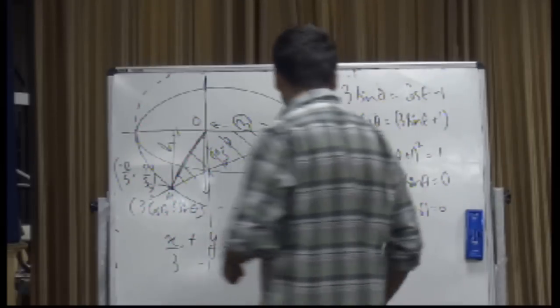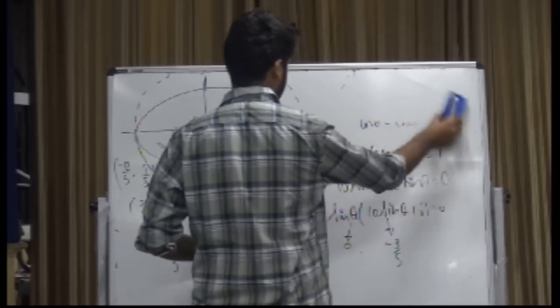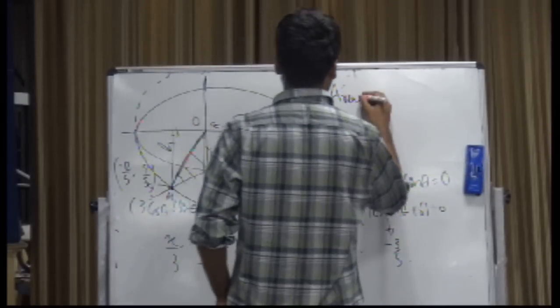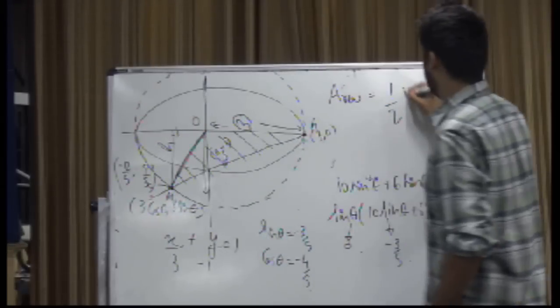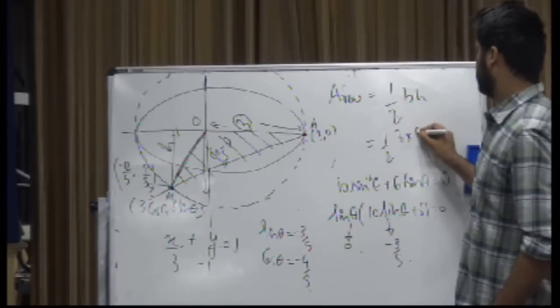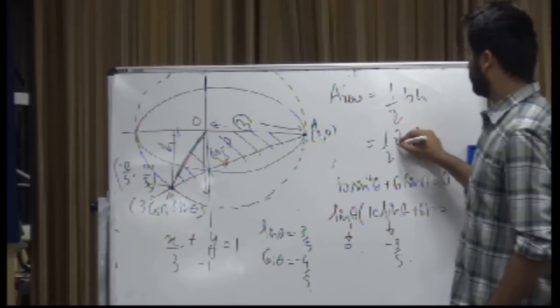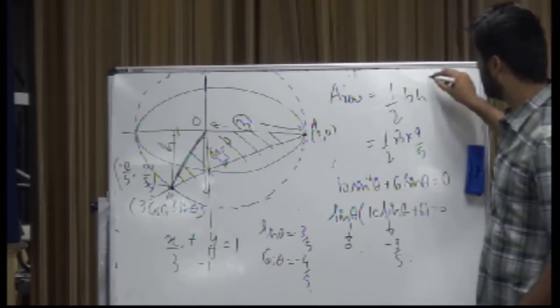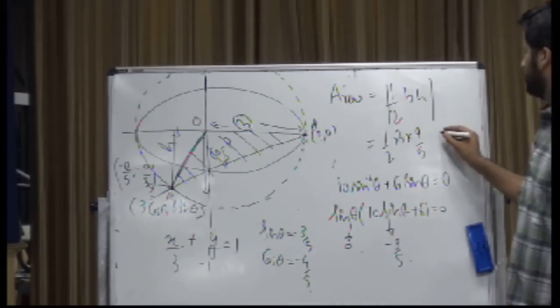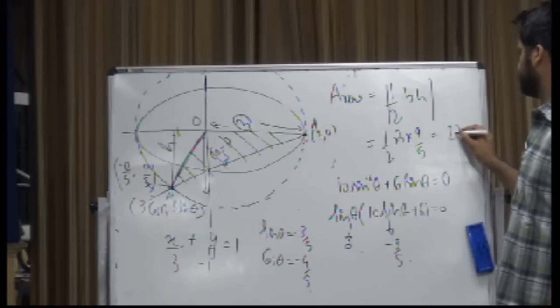So area is equal to half base into height, which is equal to half 3 into 9 by 5. So even if you want to take minus sign, just take modulus over here, because area can't be negative, right? So this gives you 27 by 10.